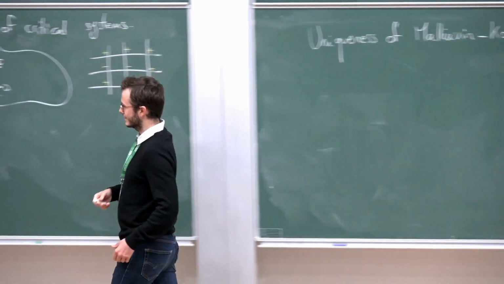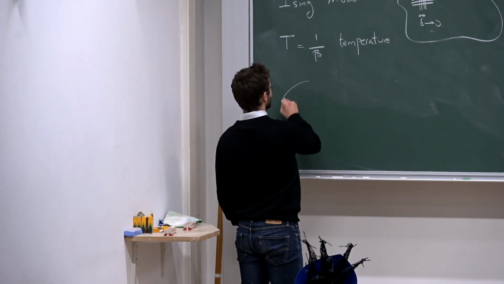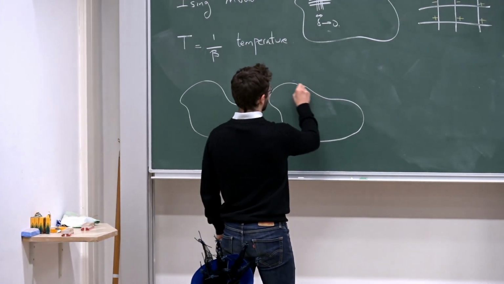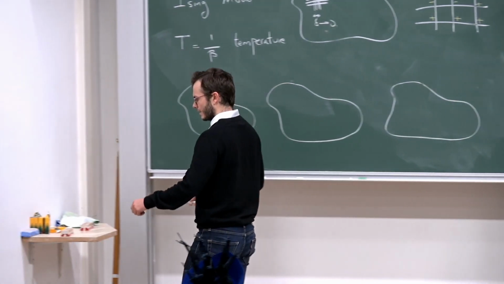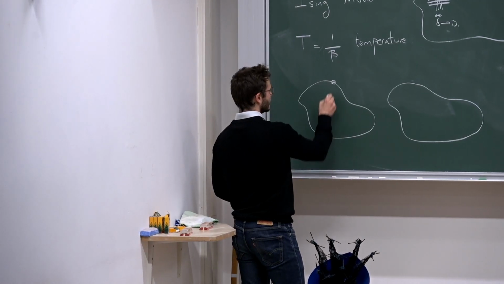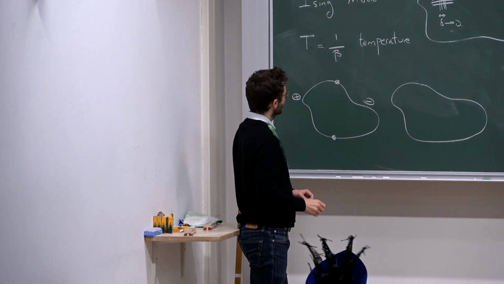And this model is exactly talking about that. So let me put some boundary conditions here. I will have a plus spin on the left, a minus spin on the right.